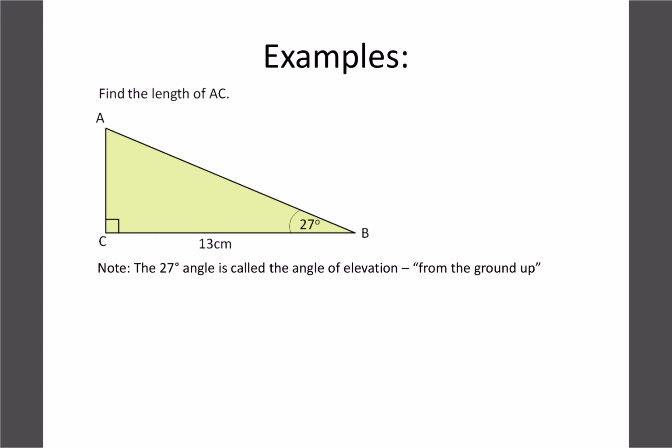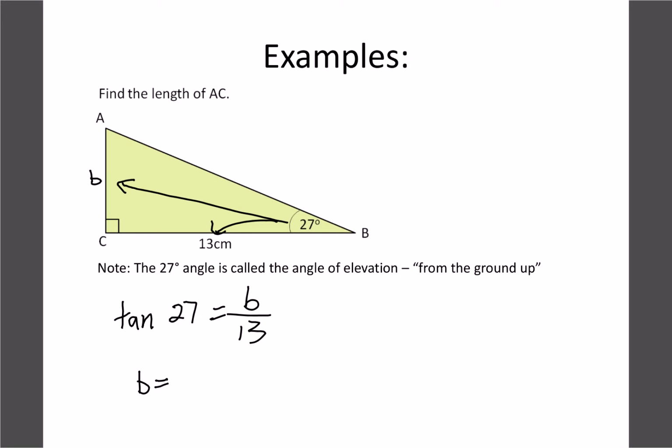So this first example, we're looking for length AC. So we're looking for side B. That's the opposite to angle B. So if we look at our formulas, we've got opposite of B, and 13 would be our adjacent. So we would have tan. So tan 27, opposite over adjacent, would be B over 13.